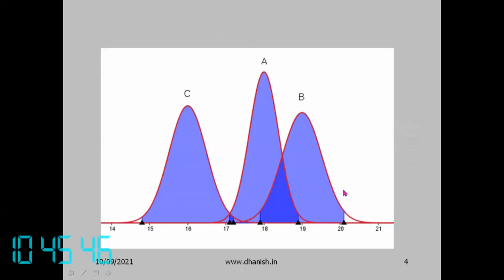So plotting normal distributions based on the average and 95% coverage intervals. We have assumed that the distribution of x bar is normal.